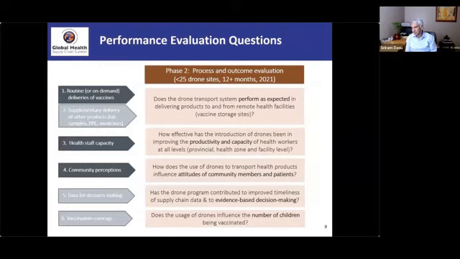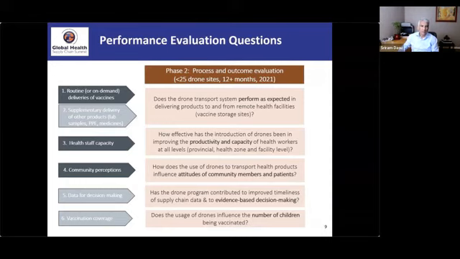The main evaluation questions are presented on this slide. And these are the questions we are looking to answer during this phase 2 evaluation. The focus is on whether the drone transport system performs as expected when it comes to immunization product deliveries to very remote areas.